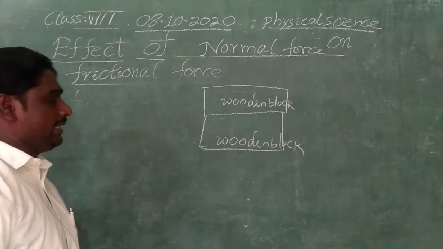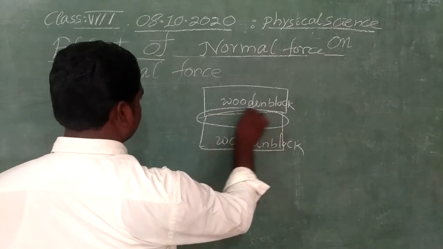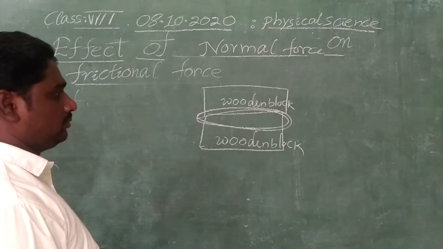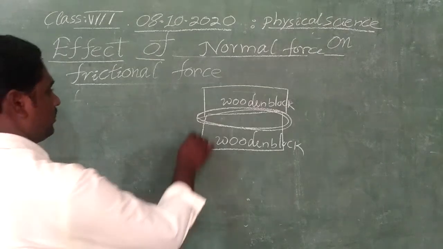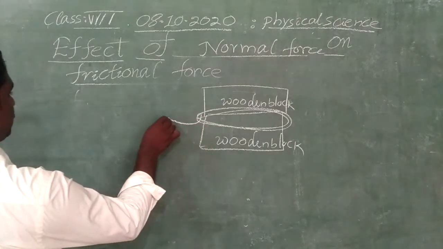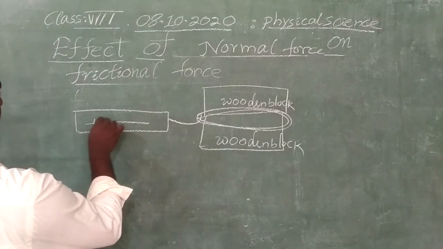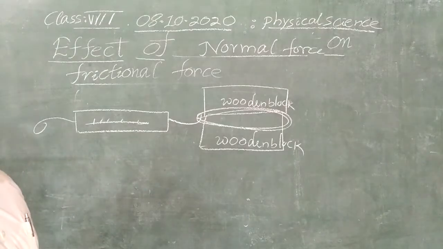Next, we take a string. The string is tied around the wooden plank, and the string is attached to the spring balance to measure the frictional force.